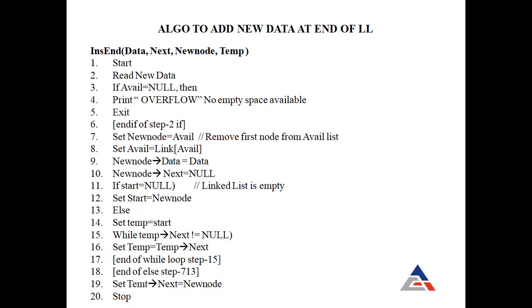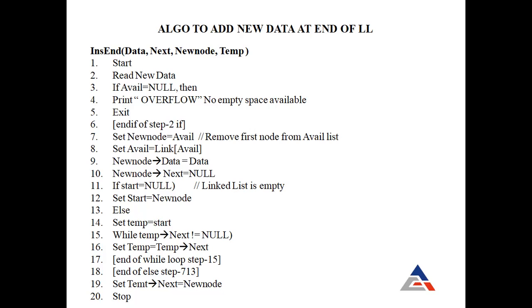It means now the starting address of the avail list will have the address of the second node of the avail, and data of new node becomes data. So whatever data the user enters over there becomes the data of new node. And new node next, because we are adding the element at the end of the linked list, there is nothing next over there.